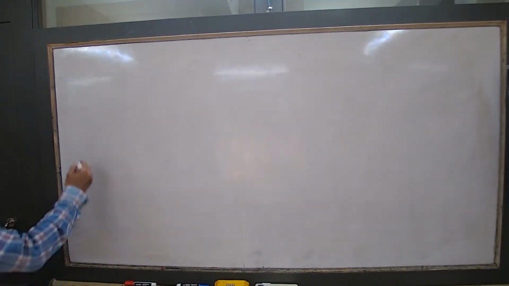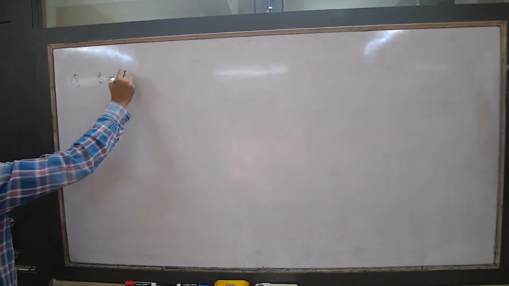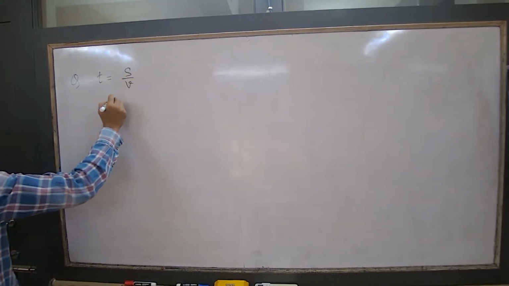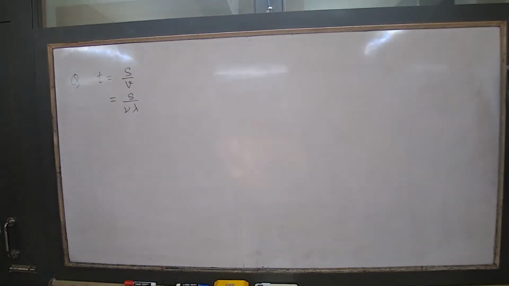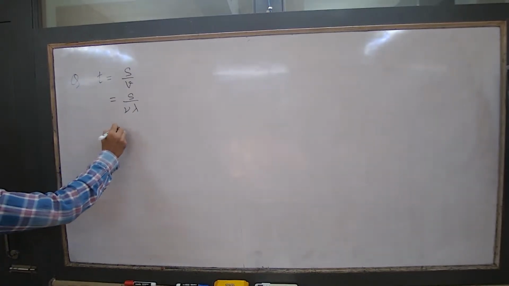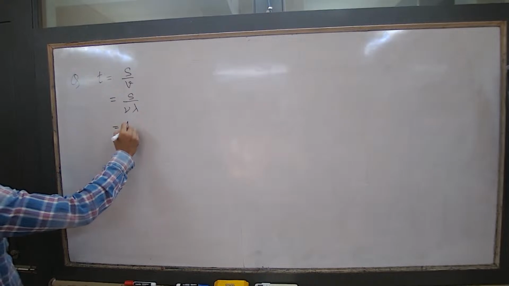So what will it be? Which formula? Time you have to find out. Time will be distance upon velocity. And then the wave formula. So 5 Hz, wavelength is 20 centimeter, and distance is 1 kilometer. So distance is 1000 meter.